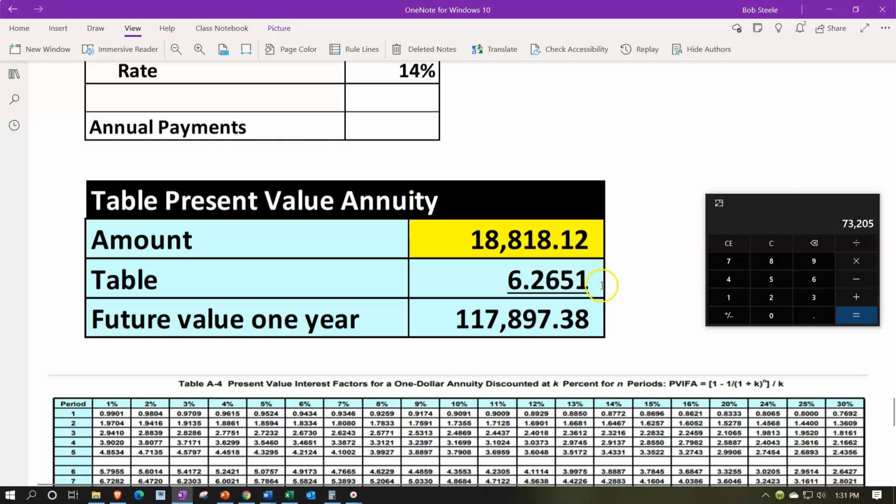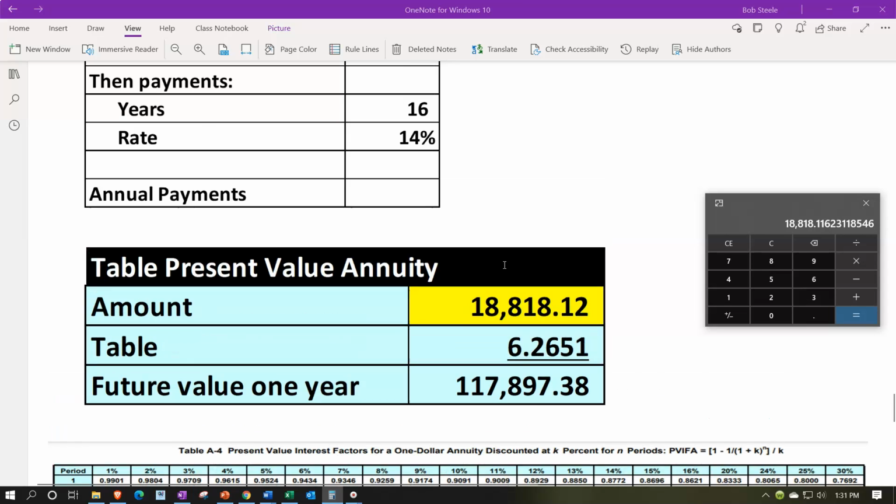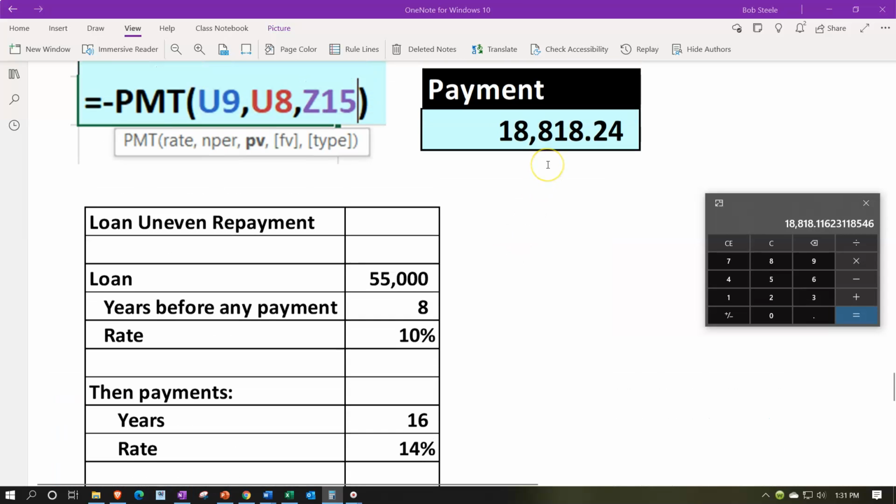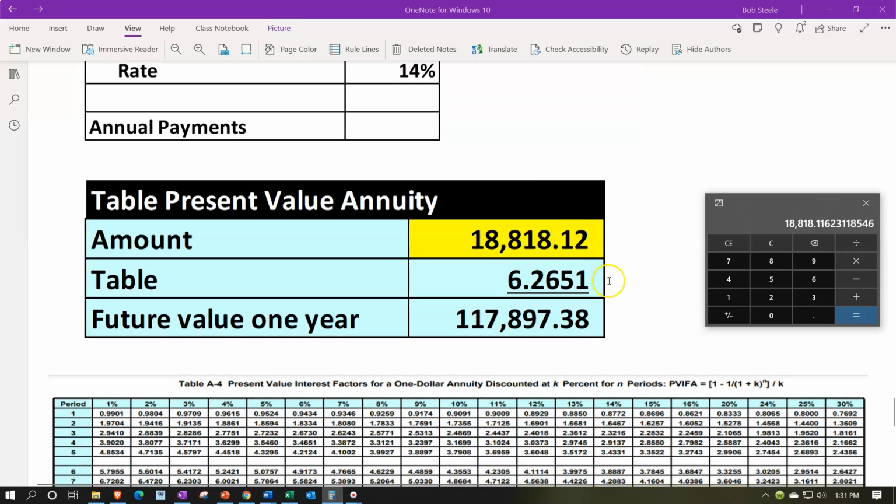If I know the end result, 117,897.38, divided by the factor from the table, 6.2651, we get 18,818.12, close to, but not exactly, the 18,818.24 due to rounding, since tables are rounded to 4 digits.